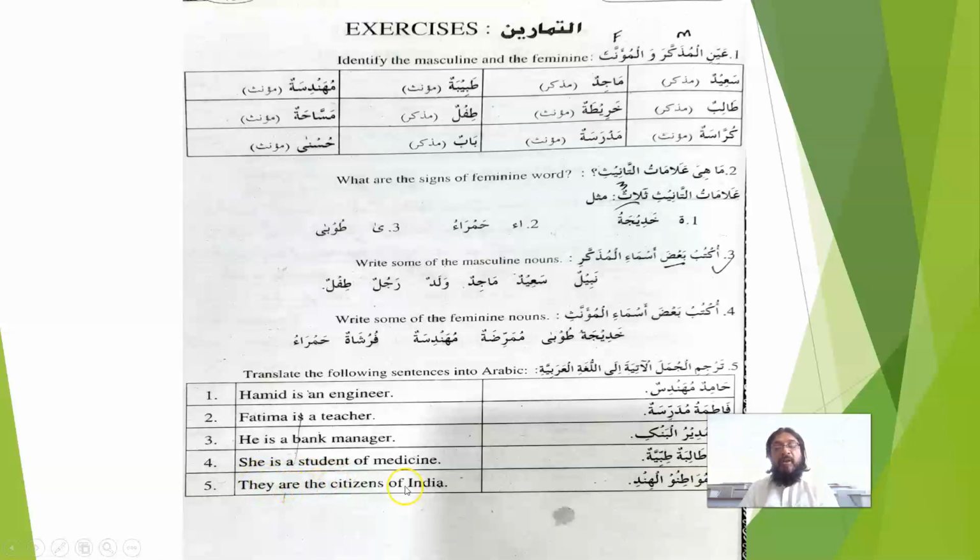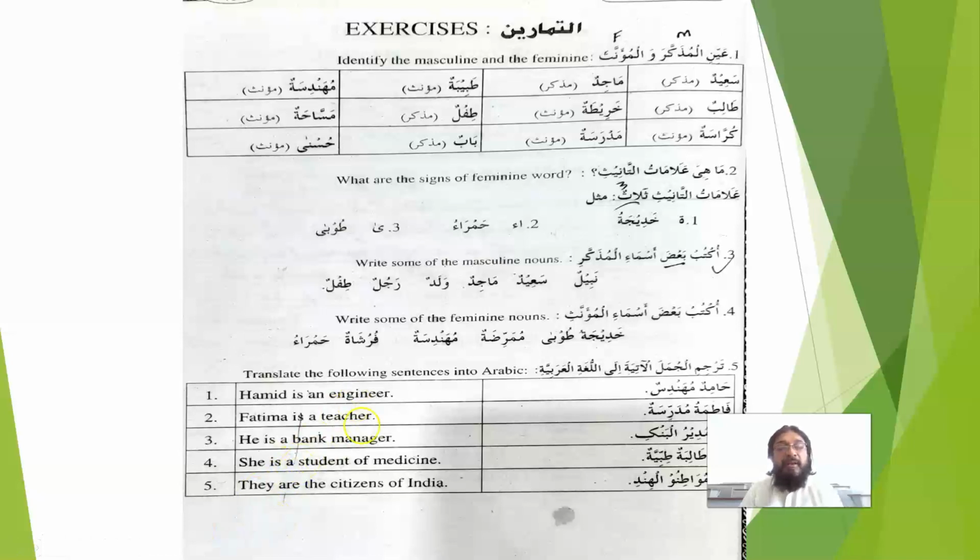They are the citizens of India. Hum means they are. Muwatin, citizen. Possible phrase is Al-Hind, of India: Muwatinul Hindi, citizen of India. So these 5 sentences you must memorize.